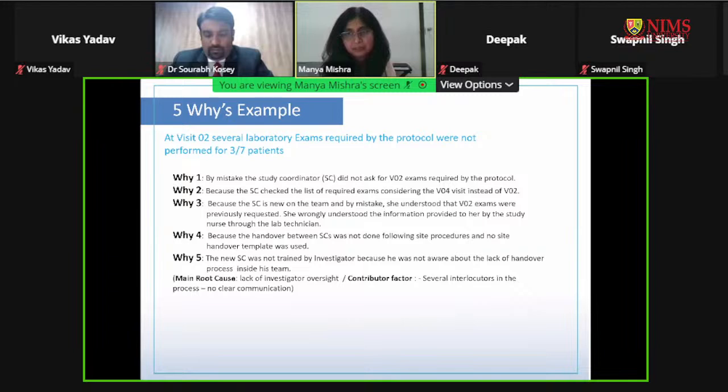Those are the tools which will be able to align you with the dynamism of clinical research, because it's a highly dynamic, highly advanced area. A lot of advancements are coming, so we have to be attentive throughout. So with this, I would like to conclude, and thanks for your time and patience in listening to me.